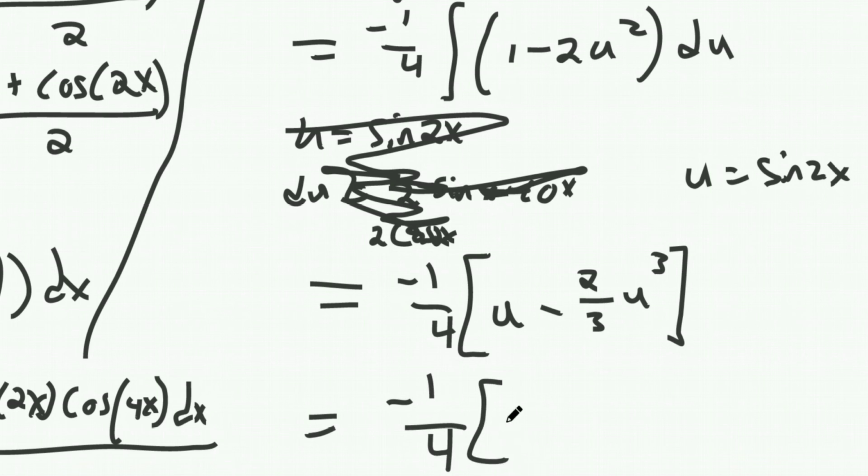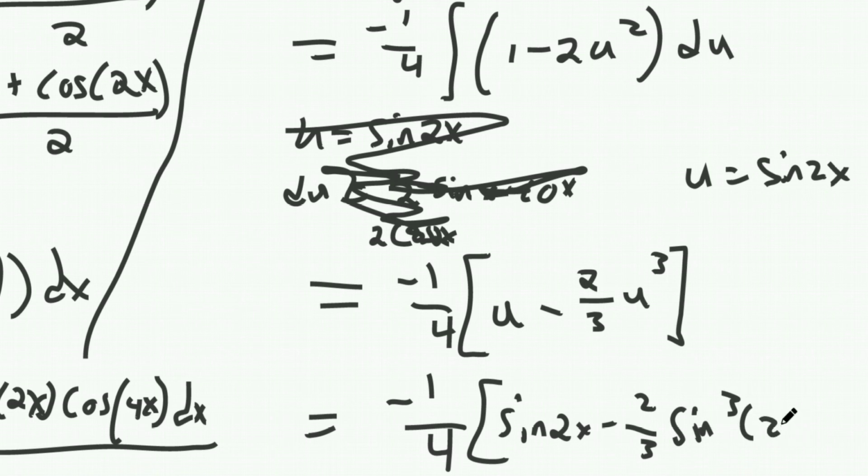So this is sine 2x minus 2 over 3 sine to the third 2x. And then there's plus some constant c, but we would have that for all the other antiderivatives we evaluated here.